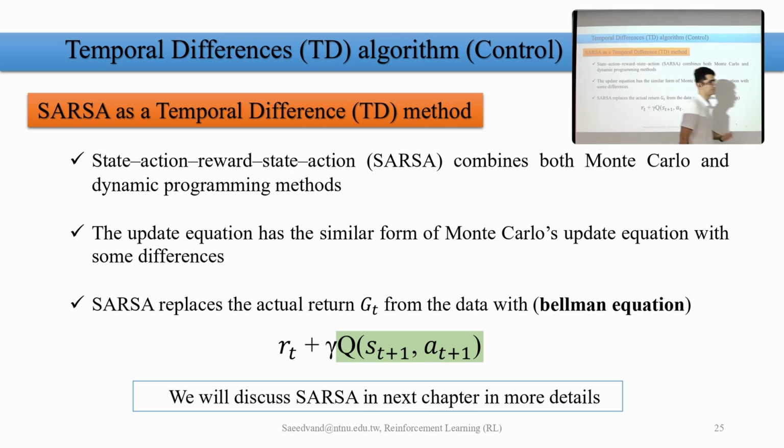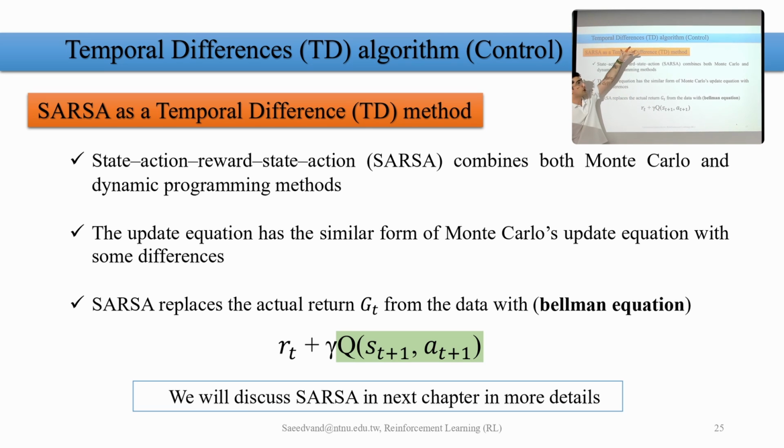The difference is basically replacing the GT with the Q of the next state and the next action.